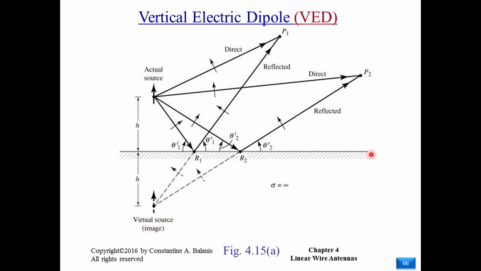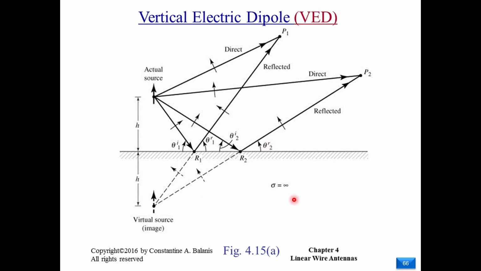So now we can just remove this conductor and deal with the problem as uniformly filled with air or this dielectric material, with one actual source and one imaginary source, and we can find the field that exists in the upper half plane because of this setup.